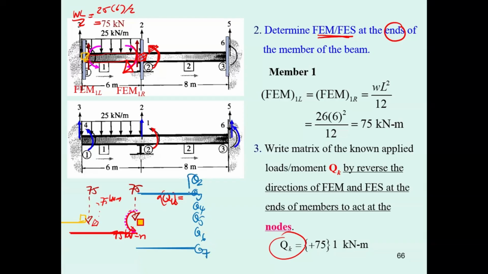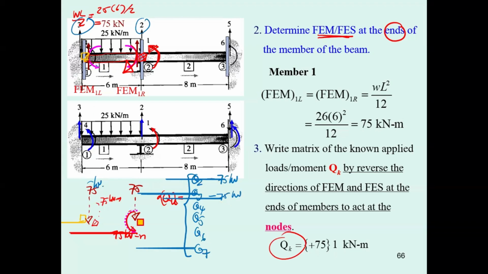capital Q7. Okay, and then this one related to capital Q sub U is minus 75 kilonewton, upward positive, downward negative. And how about 3 over here? This is going to be minus 75 kilonewton.